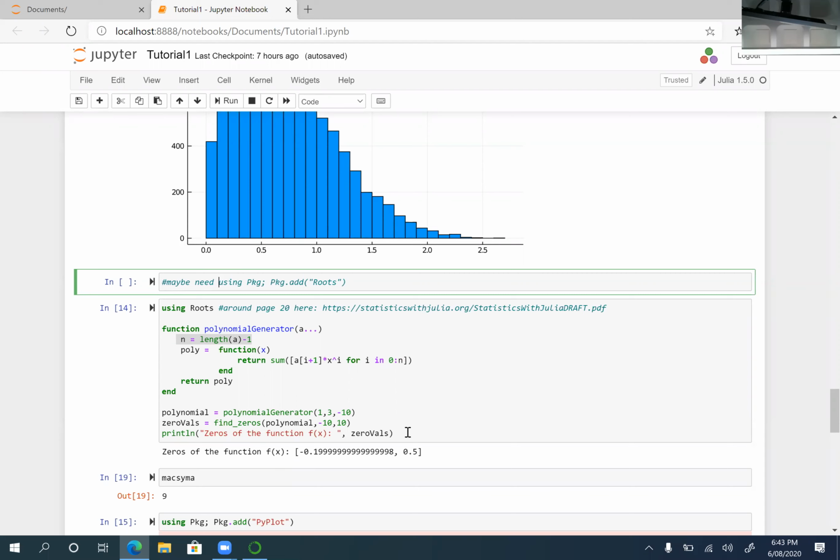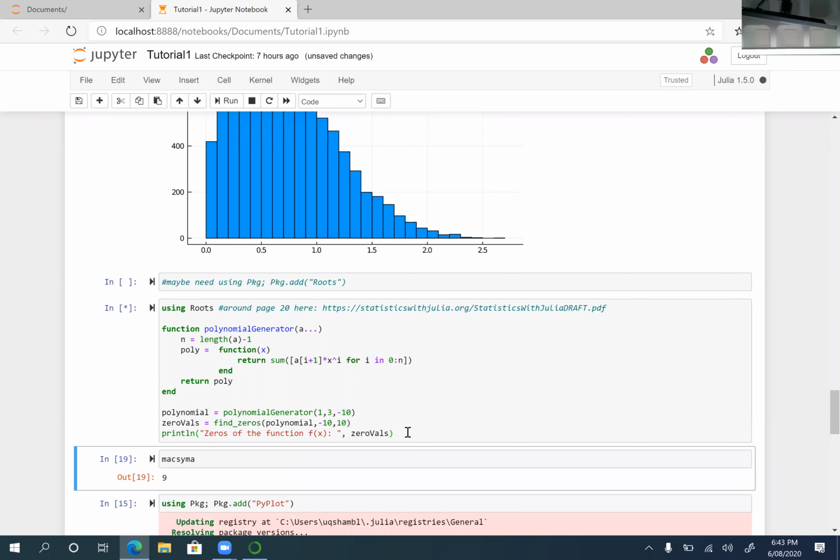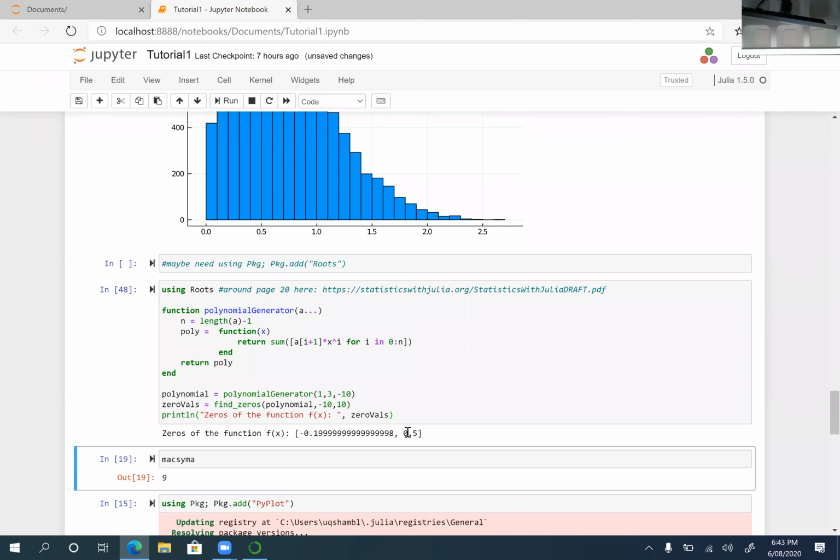Okay, so right, have we run this? Let's just run it. Okay, so it's running here, except you might need to load the packages first. All right, now the polynomial equals polynomial generator 1, 3, minus 10. So what that is, it should be the polynomial with coefficients 1, 3, and minus 10.